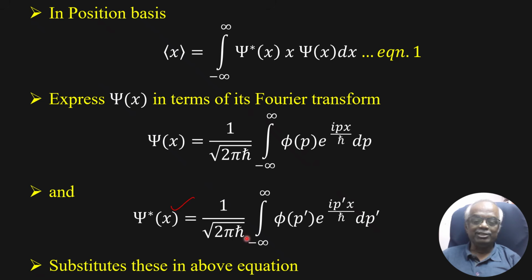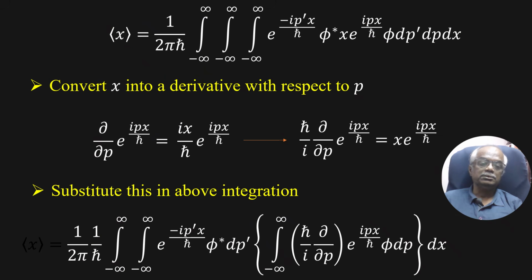Then we will see what will happen. After substitution, we get the expectation value of x equal to 1 over 2 pi h cross times a triple integral: one with respect to p prime, another with respect to p, and the third with respect to x.